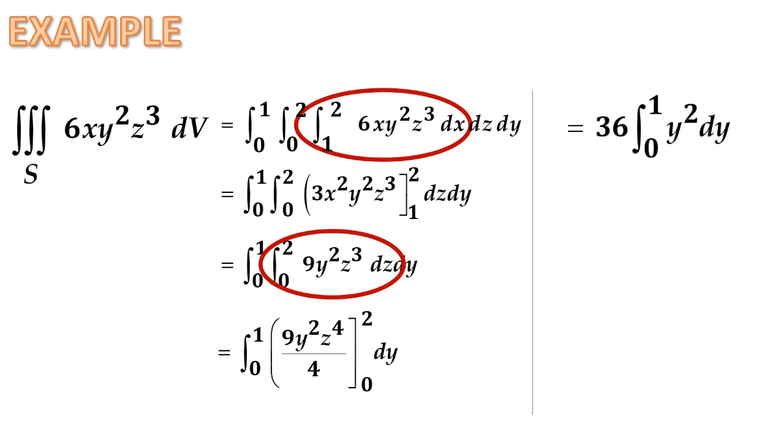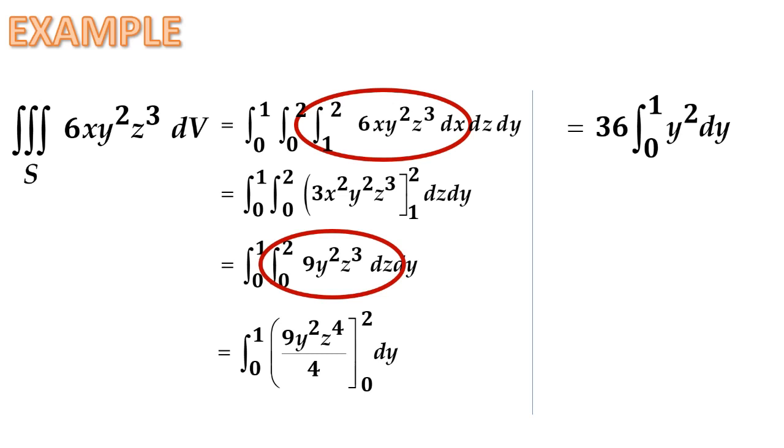And now we are left with a simple integral, so we can factor out the constant 36 from the integral. We will have 36 times the integral from 0 to 1 of y squared dy.